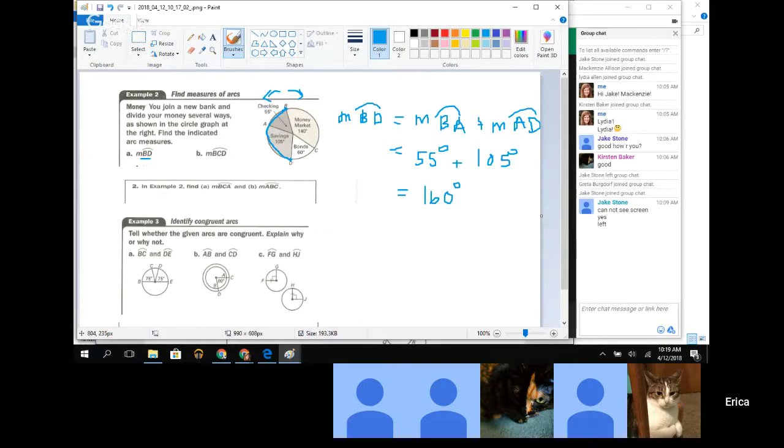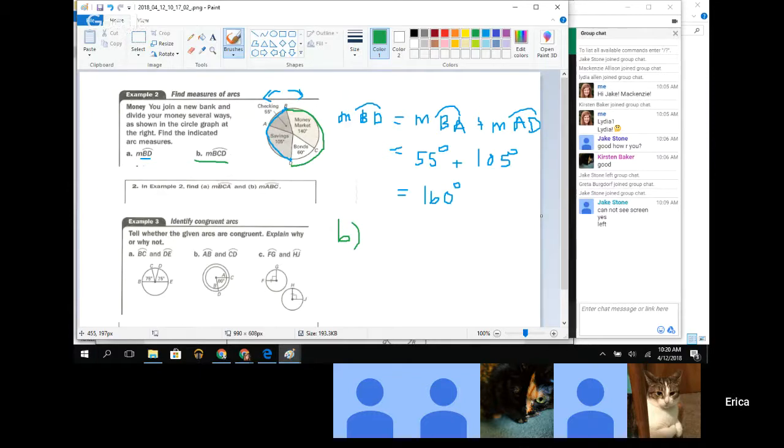Okay. Now, if you had looked ahead a little bit and you looked at your next problem, part B, they want to know what is arc BCD. So BCD is the one that goes to the right. And we know that that's a major arc because it gives us 3 points.